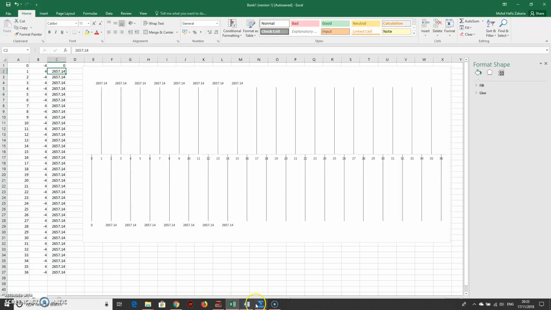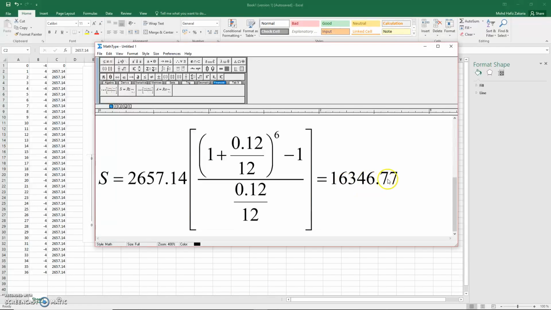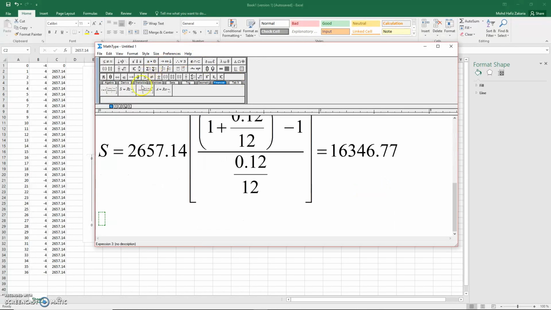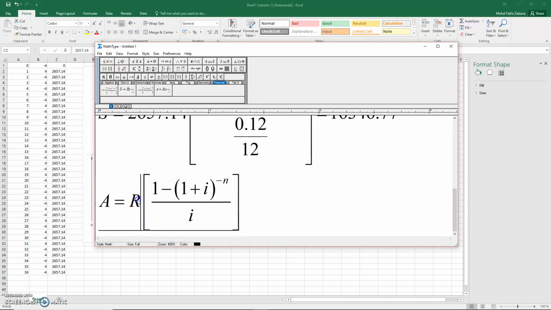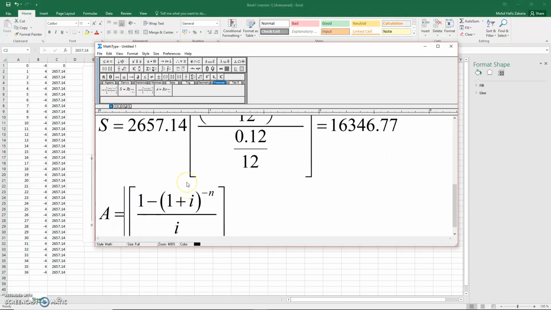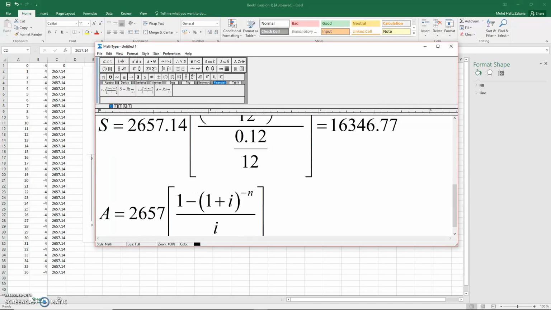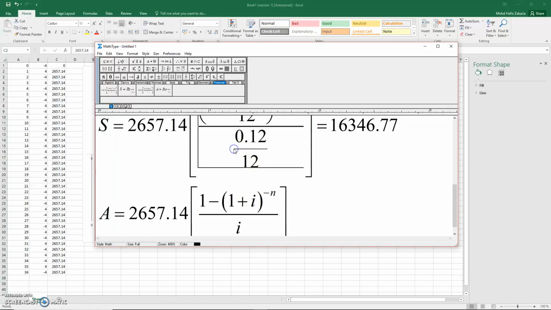Now simply use the present value formula, which is the formula of A. Calculate the present value, which is 2657.14 times, since we are using the same compound interest.